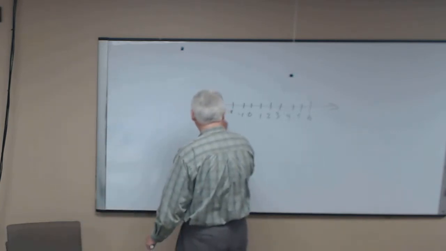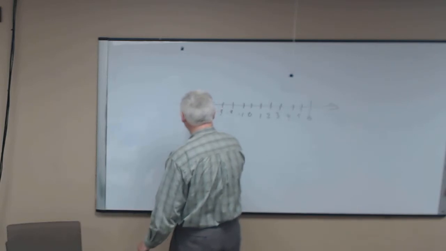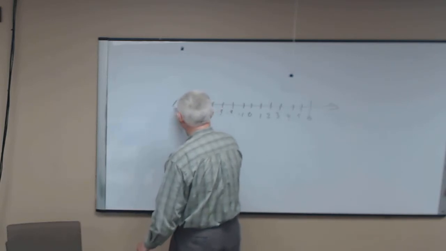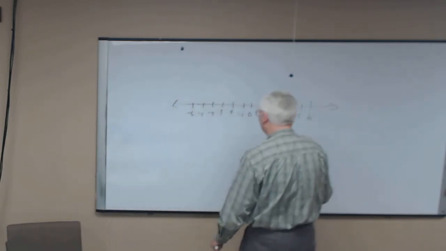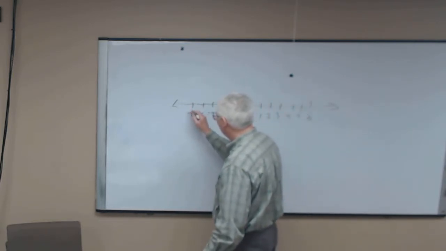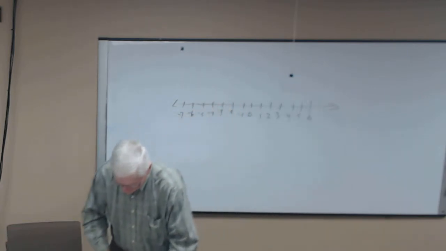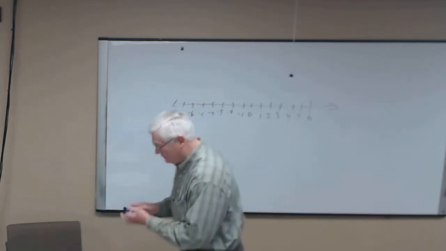-4, -5, -6, and we'll just put one more up here, -7, and it says graph between -5 and 6 inclusive.